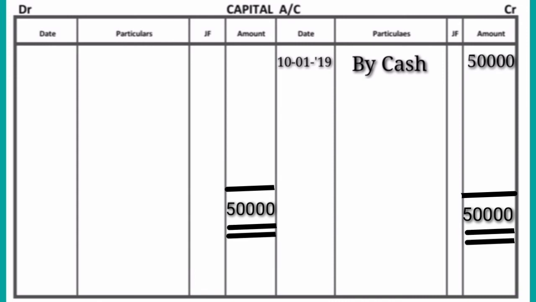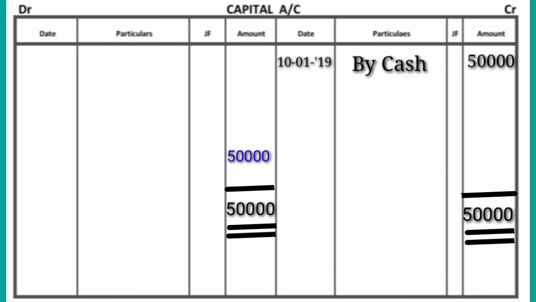Okay, then next step, what will we do? We need to find out the difference amount in debit side. Here in debit side there is no amount, zero is there, so 50,000 is the difference amount. This 50,000 we can write here in debit side.